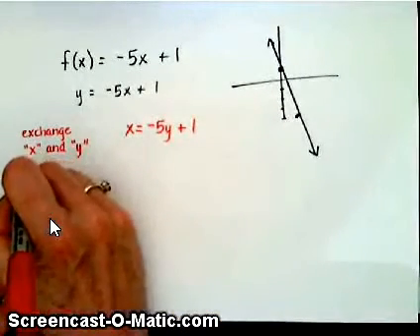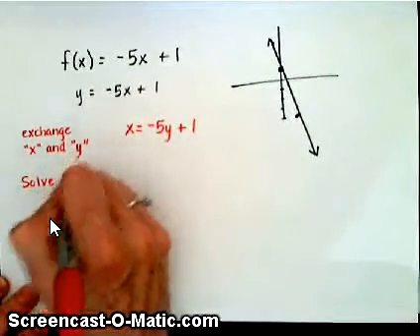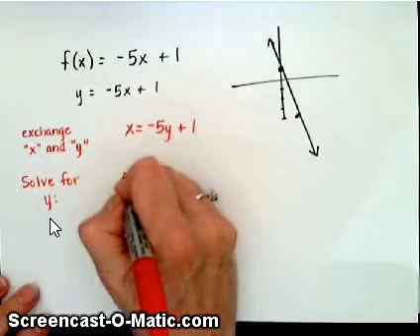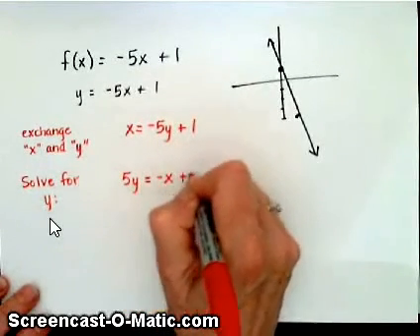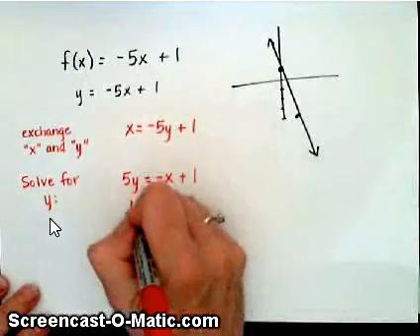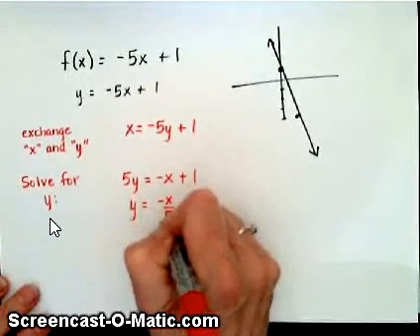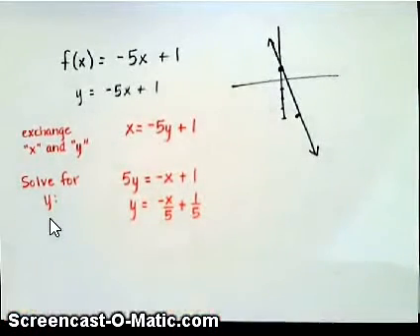Then you are going to solve the new equation for y. And you're going to get, of course, 5y equals negative x plus 1. And then y is equal to negative x over 5 plus 1/5. Or you can write it all as one fraction.